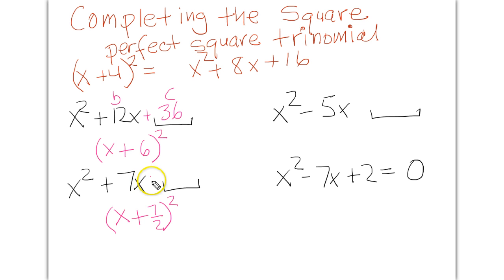But now when we get our c term, we have to square this. So this will be 49 fourths. So these are now a perfect square trinomial. We've gotten to them by completing the square. Let's try one more here.